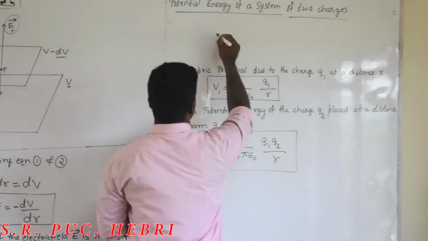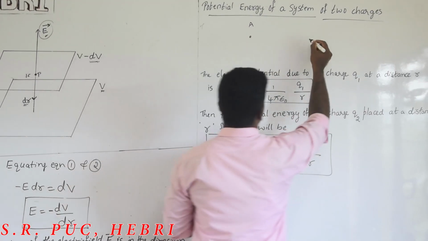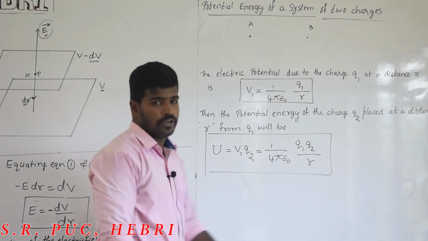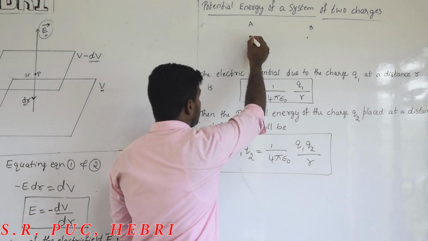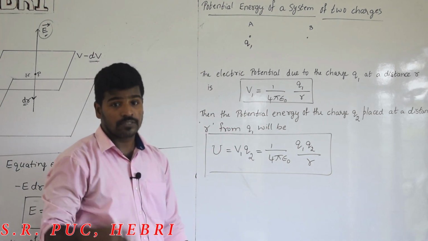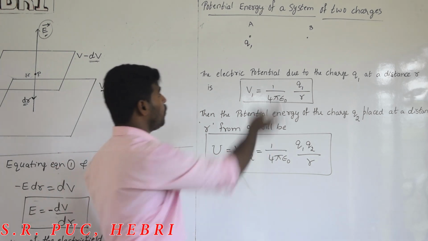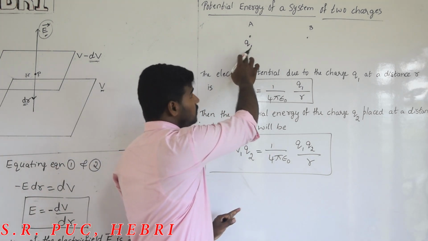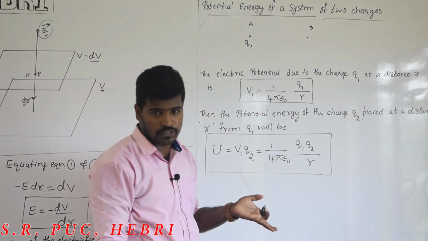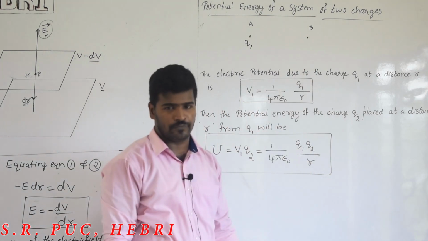For that, initially we take 2 points. One point will be A, and the other point will be B. At point A we place a charge known as Q1, which means we are bringing the charge from infinity to the point A. What about the potential at that point? The potential is equal to 0, since at point B there is no charge or electric field.